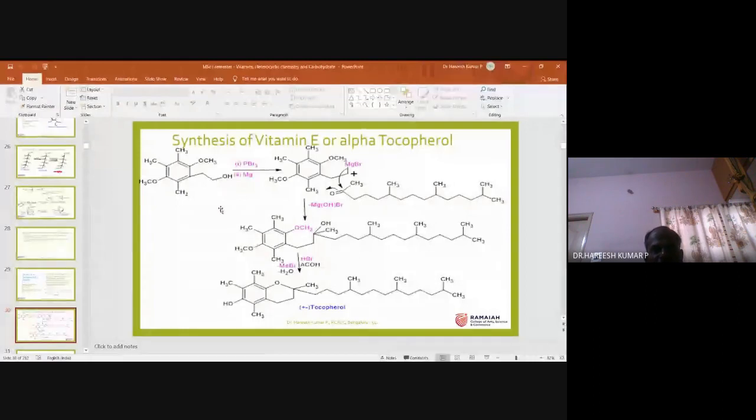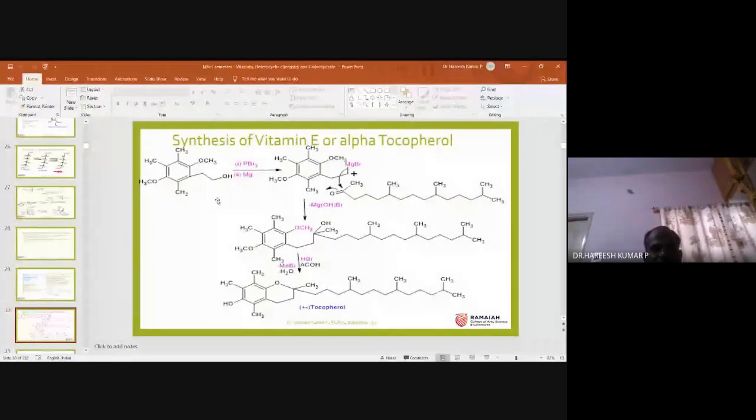Aryl alkyl alcohol, when treated with the brominating agent PBr3, converts the hydroxy group into bromo. So when this moiety is treated with phosphorus tribromide, it gives a bromo at this position, and it is called aryl alkyl halide.